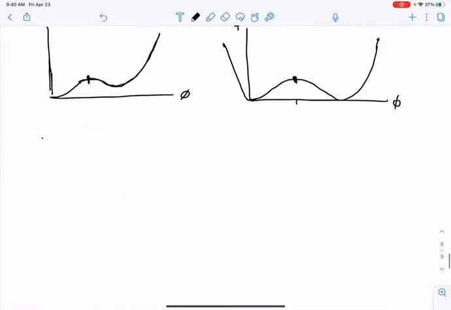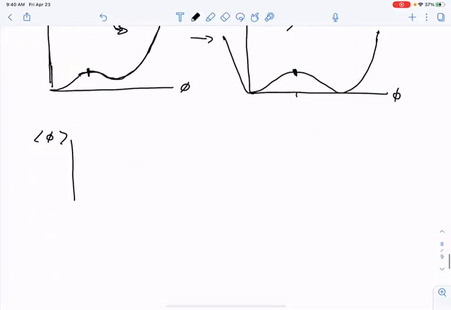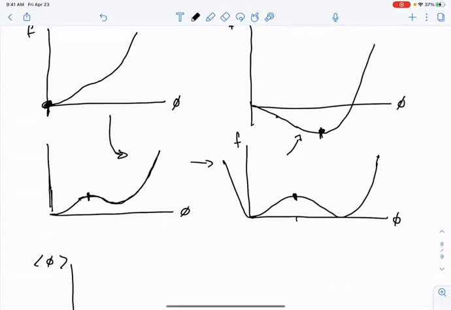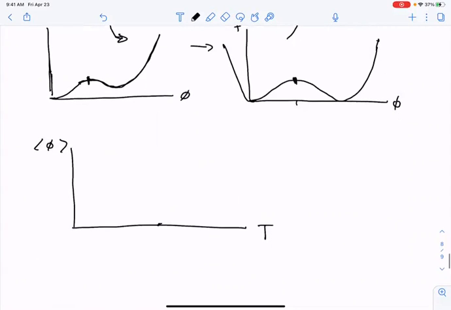So if you were to plot mean phi as A varies, we follow a path like that. As a function of t, we will indeed have a disordered state when A is very positive, so t is much greater than ts.